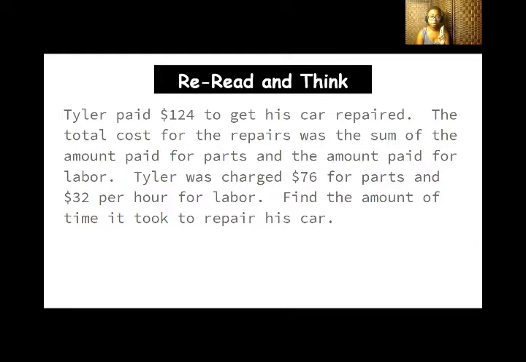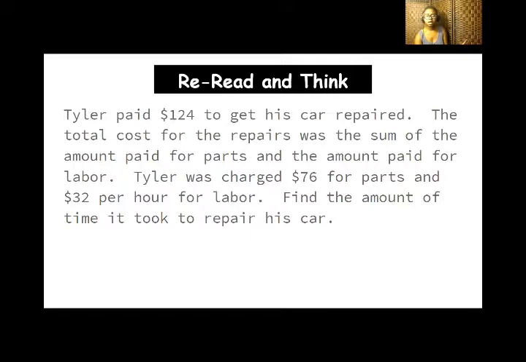For another hour, that's another $32. That's $64. Okay, so find the amount of time it took to repair his car. That gives us some information of what we're going to be looking for, the amount of time it took to repair Tyler's car. All right, so we thought about it.